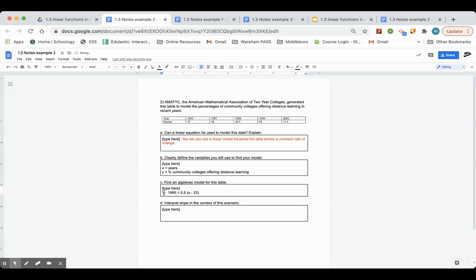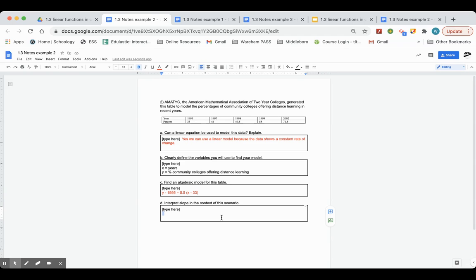All right. So the last thing is interpret the slope in the context of the problem. Well, in the context of the problem, what does this mean? Every year the percent of community colleges offering distance learning is increasing by about 5.5%.